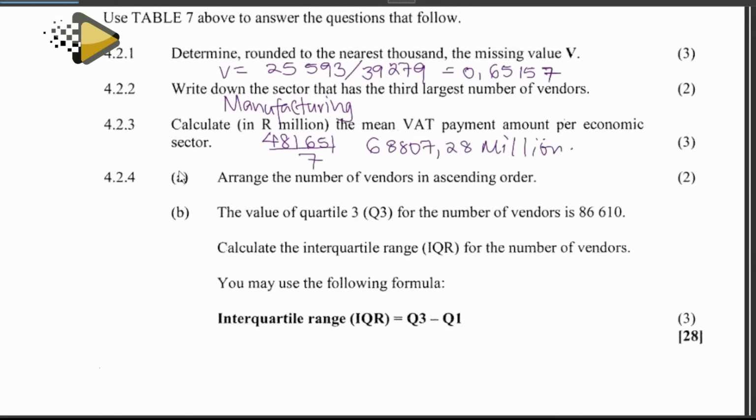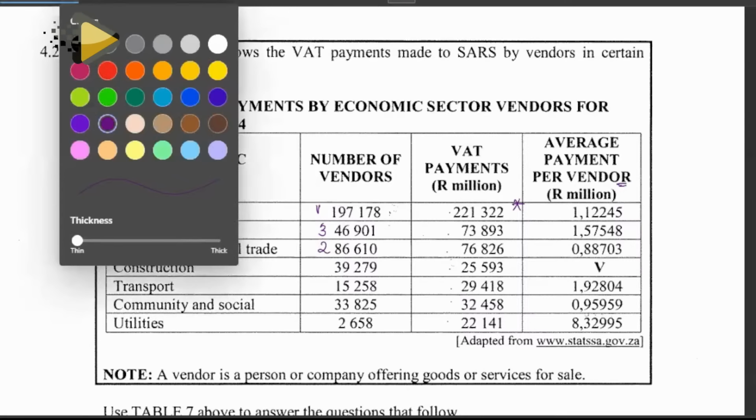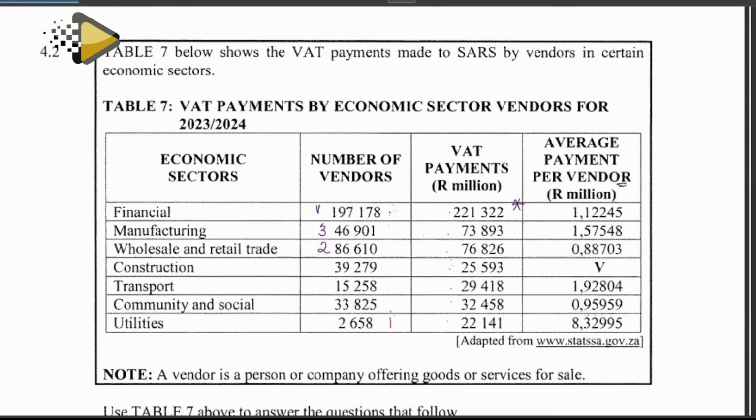Arrange the number of vendors in ascending order, small to big. This is our number 1, then 2, 3, 4, 5, 6, and 7. That's what they want you to do.